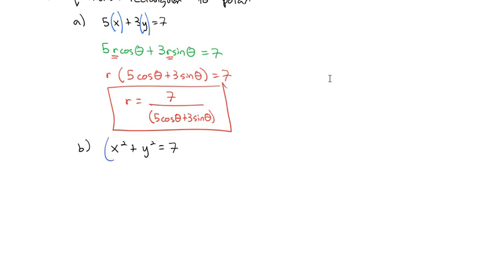Or I can notice that x squared plus y squared is one of our relationships to convert between rectangular and polar. X squared plus y squared is the radius squared. And so all I have to do is take the square root of both sides, and the radius is equal to plus or minus the square root of 7. And we have our function.